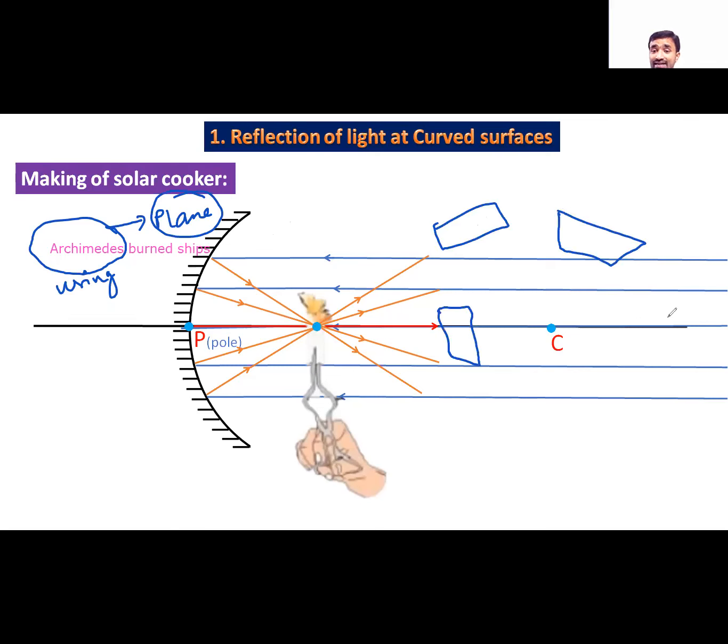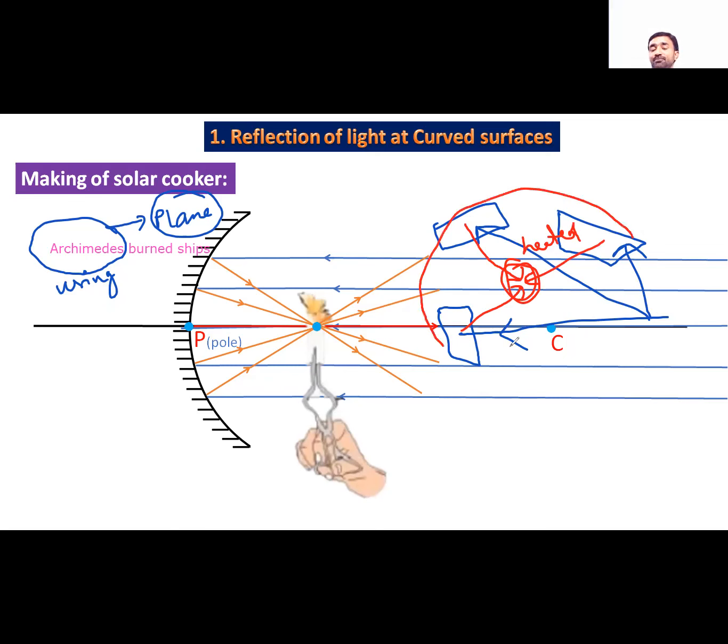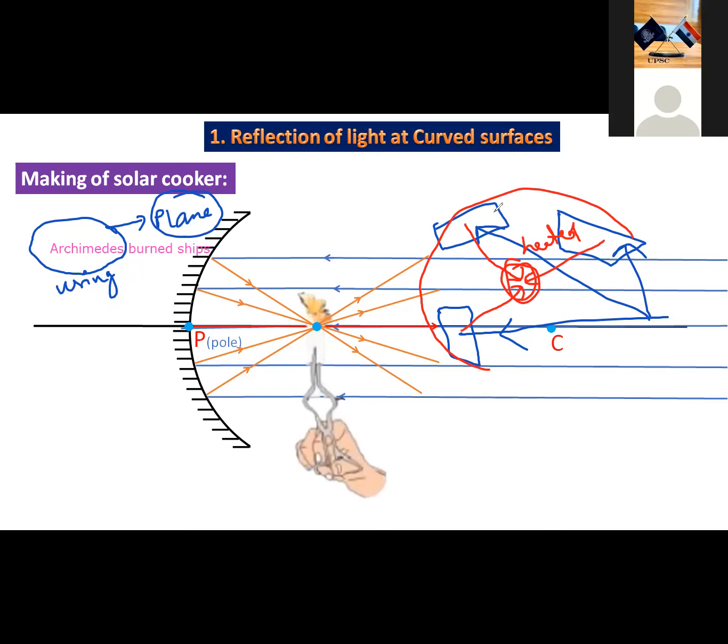The light that is focused on them must reach one common point after reflection from the mirrors. So this spot will produce heat energy and get heated. So how to arrange them? In the concave mirror shape. Many pieces of plain mirrors will be arranged in the shape of a concave mirror. Then you can produce converging of light rays after reflection and produce heat energy. Is it clear? Or any confusion? Use your response.